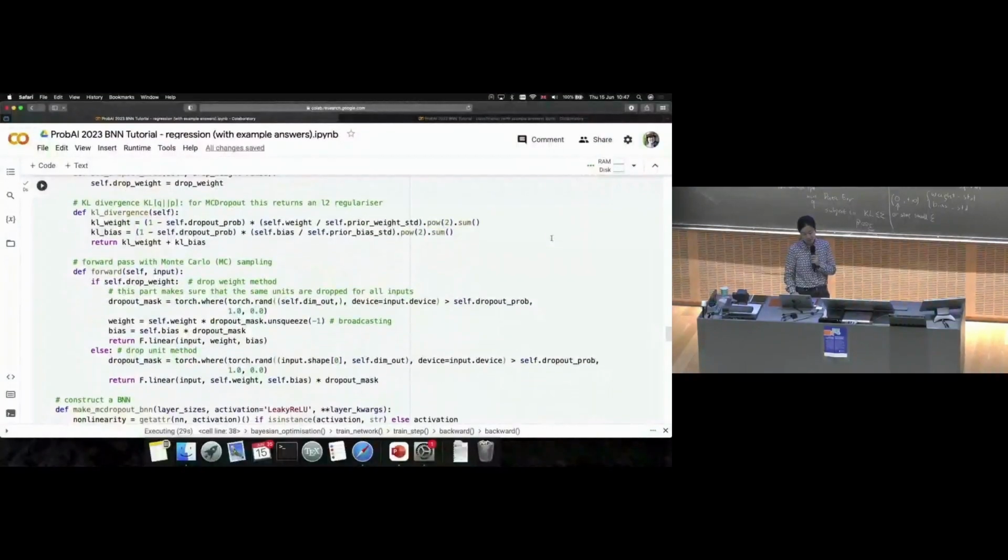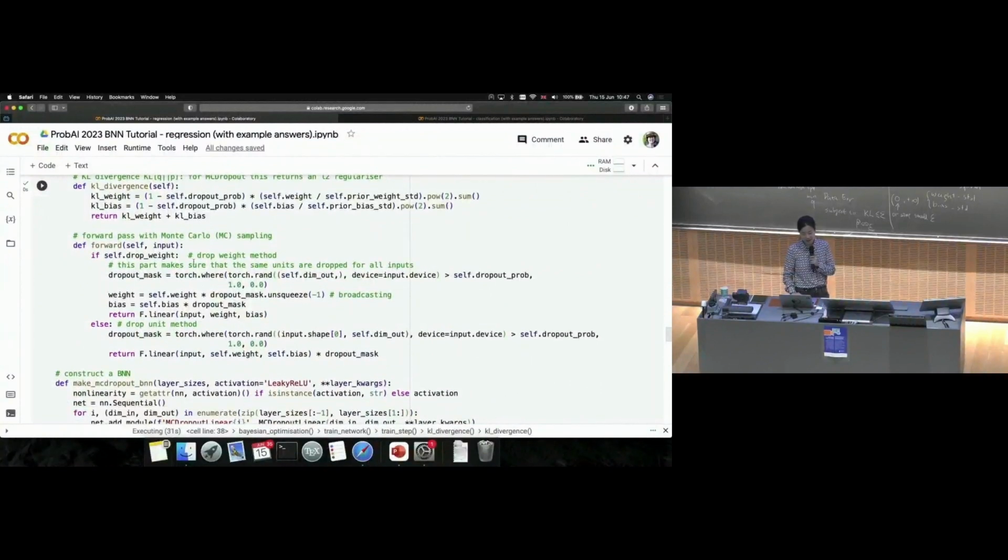But the interesting thing here is that I mentioned different versions of dropout. From the previous presentation, there are two views. One is this dropping unit view of dropout. Another view is the dropping weight view. And this is the implementation. There is no need to look at it right now.